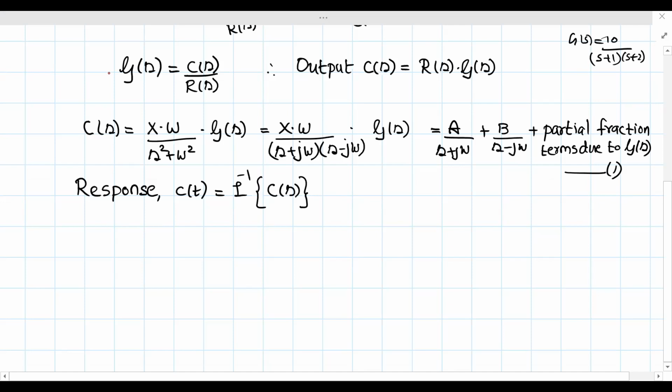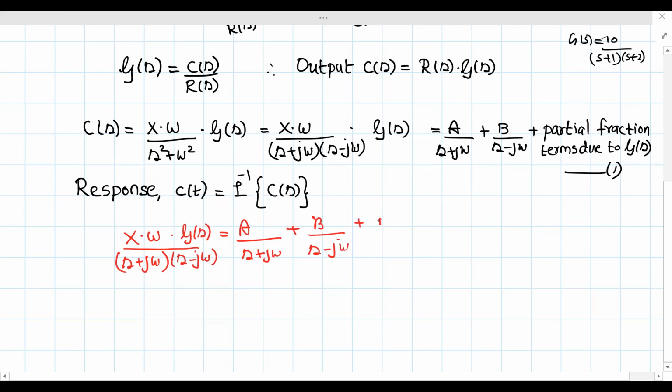So we know that x omega by s plus j omega into s minus j omega is A by s plus j omega plus B by s minus j omega plus partial fraction terms due to g of s.